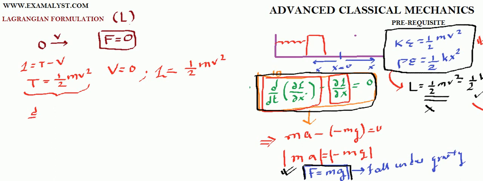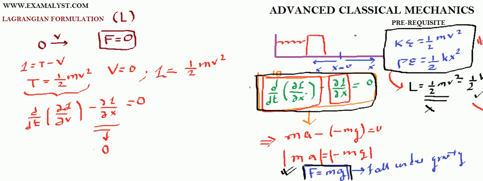Now the Lagrangian says, put me into this equation of motion. That is d by dt of del L by del v, where v is velocity, or I should write x dot, minus del L by del x equals 0. So if I do del L by del x, what is the answer?